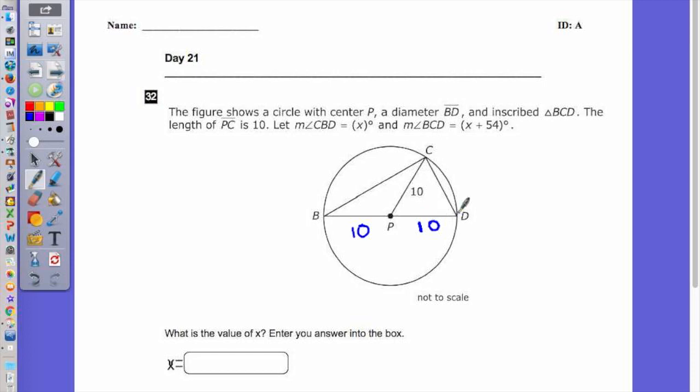Let angle CBD be X, correct? Yes. And angle BCD is X plus 54.